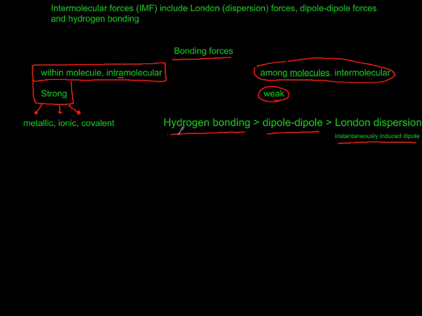Now hydrogen bonding, the requirement is the hydrogen should be bonded to nitrogen or oxygen or fluorine. Why nitrogen, oxygen, or fluorine? Because they are very electronegative and very small.